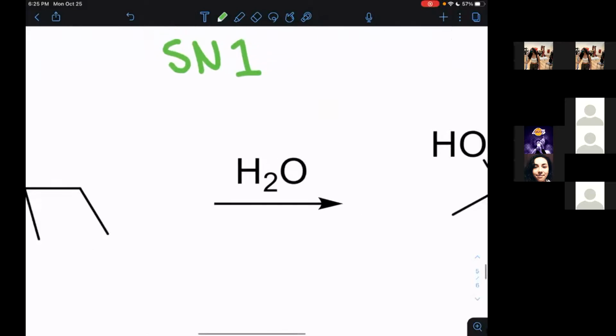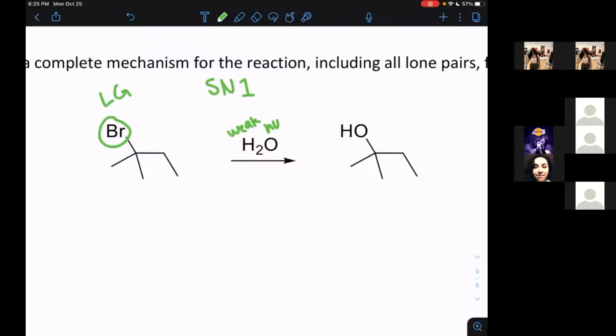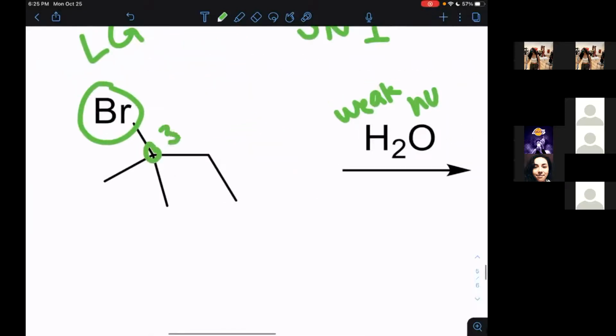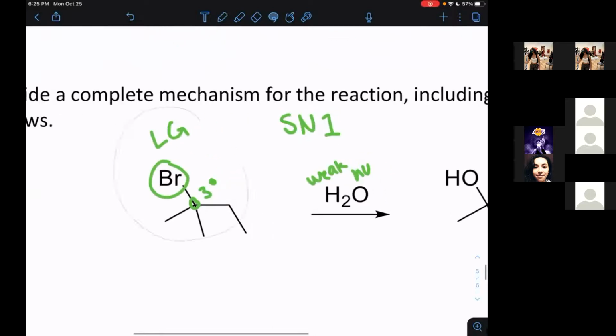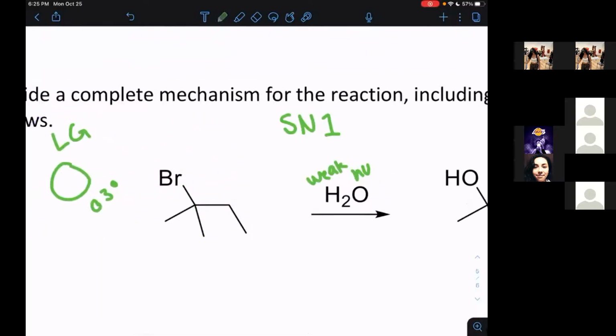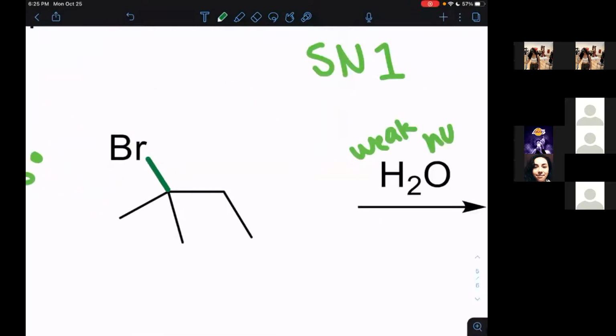SN1 because weak nucleophile. And also this is a 3rd degree carbon. For drawing out the mechanism, I might struggle a little bit. I'll definitely need my notes.